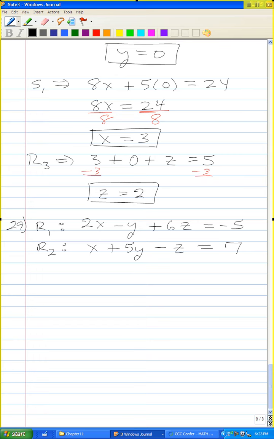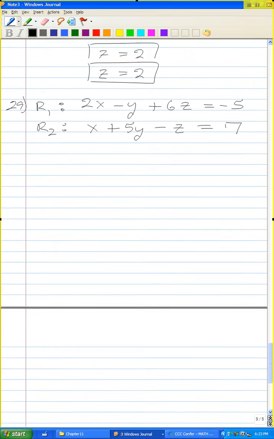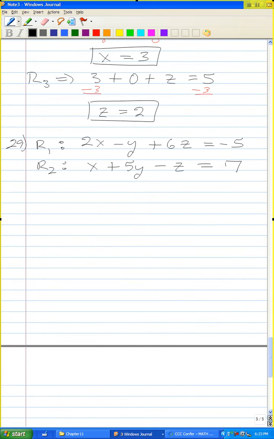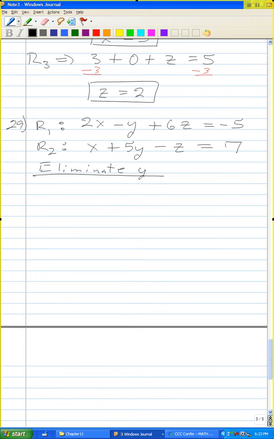So in this case, I guess I'll eliminate y. So let's multiply R1 by 5. So I have 5R1: 10x minus 5y plus 30z equals negative 25.